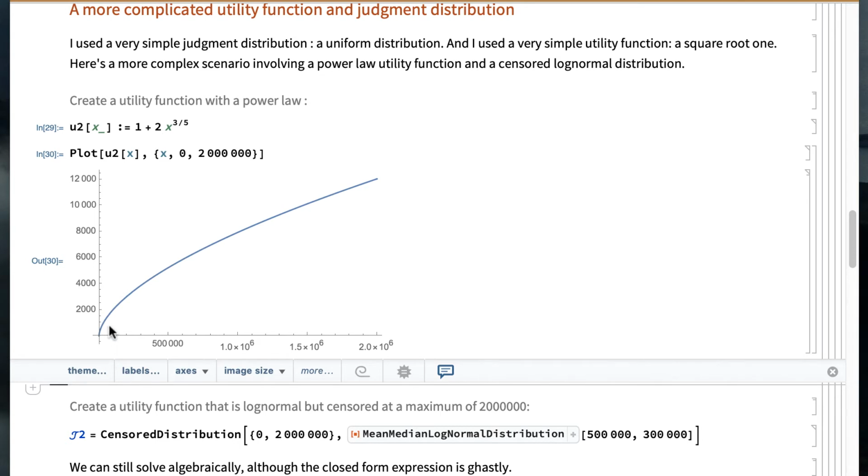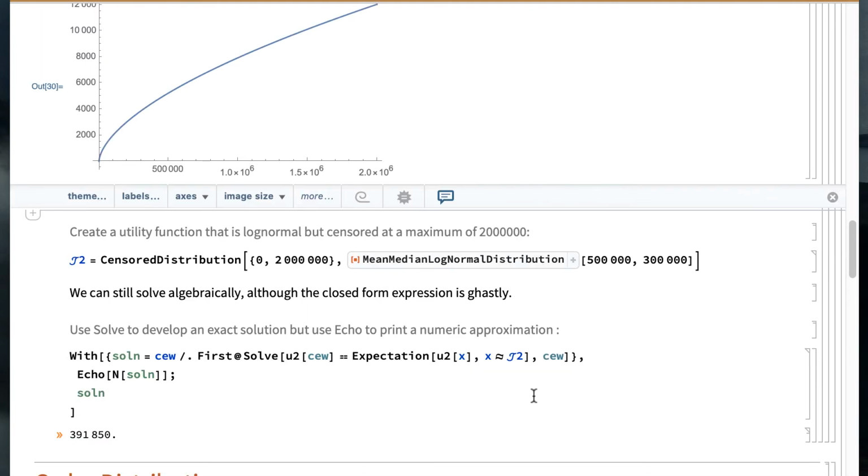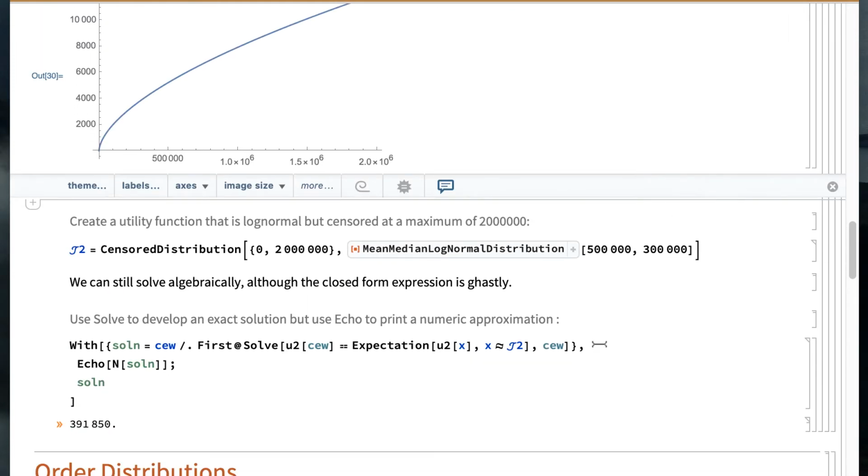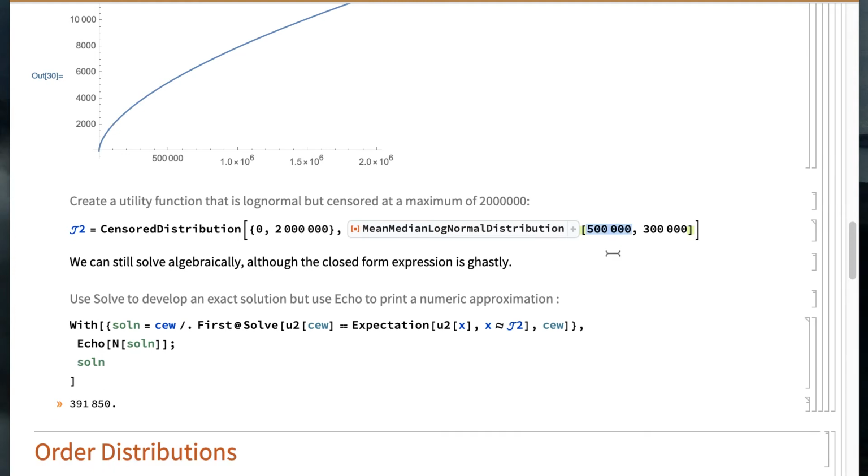It has some of these properties I kind of like, which is that it's monotonically increasing. And it looks like the slope declines the farther up you go. So it's exhibiting diminishing marginal utility of income. Okay, let's look at our judgment function, and we're going to have the judgment function be a log normal distribution with a mean of $500,000, a median of $300,000, but it's going to be censored.